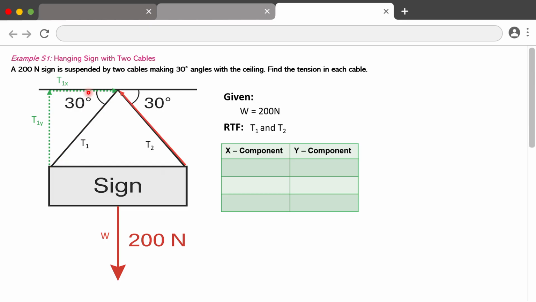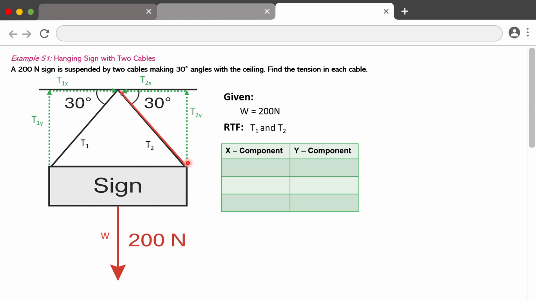Now let's examine the tension force T2 and its x and y components. For its y component, given by this green dashed arrow, we have T2y, which is the y component of T2, and T2x being the x component of T2. Notice the direction of T2y and T2x. This is also a vector addition in which the result is T2.